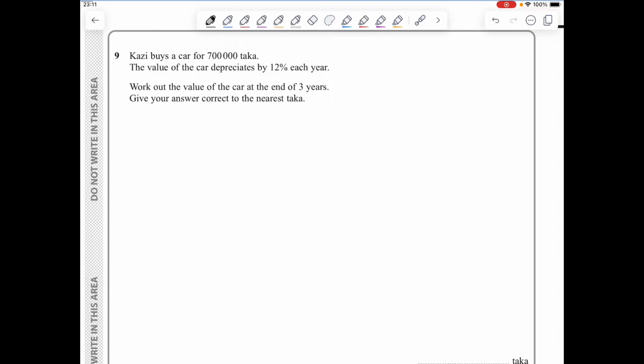In question 9, I'm given that the value of the car depreciates by 12% each year. Hence, the multiplying factor is equal to 88 over 100, or 0.88 for each year. Now I'm doing this for 3 years.